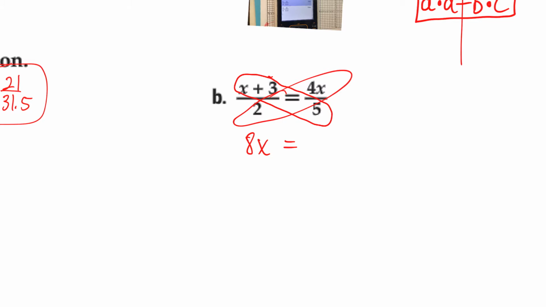So I've got two things in that part, the x and plus 3. You got to distribute. So 5 times x is what? 5x plus 15. 5x, and then 5 times 3 is 15.